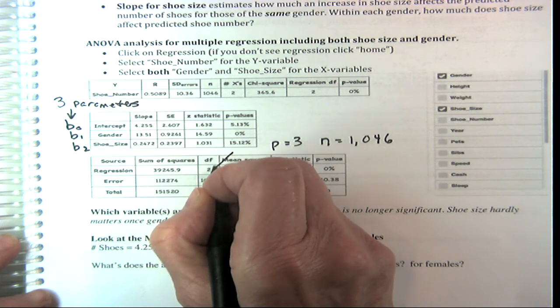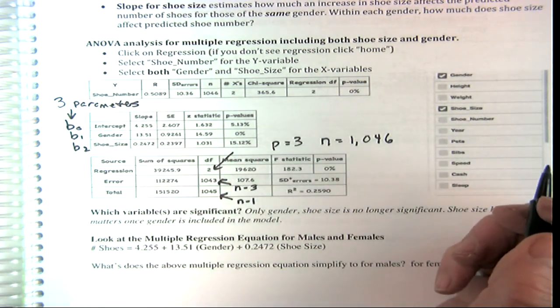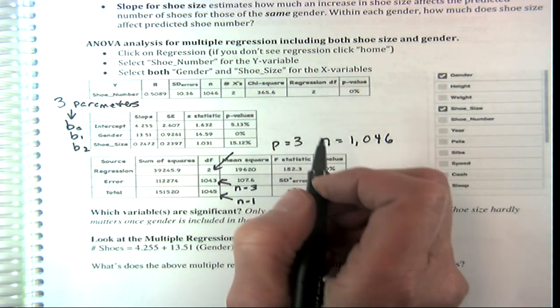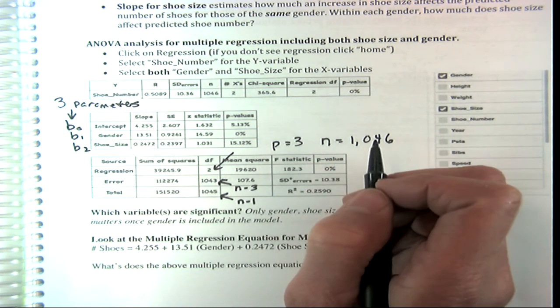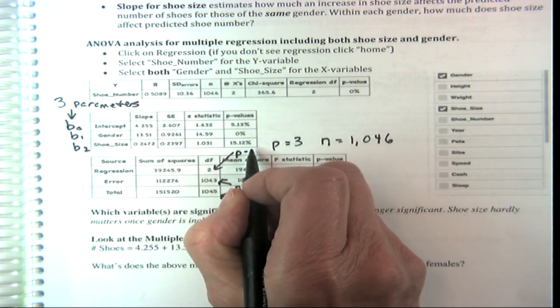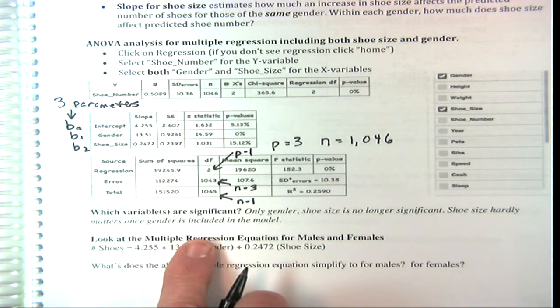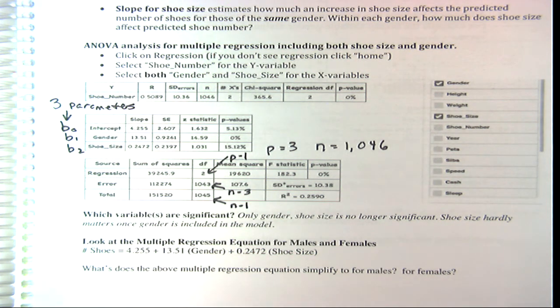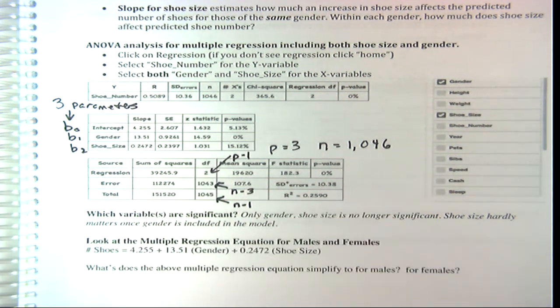And then this one right here is P minus 1, which is 3 minus 1, so that's 2. That's just to show you that.